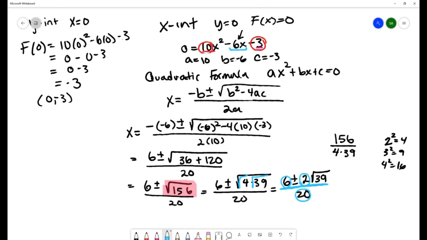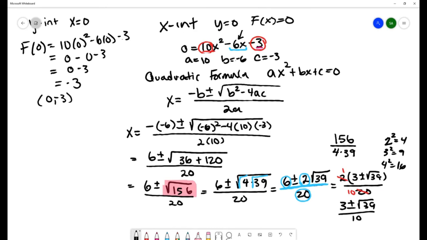So I know that I have an even factor in the numerator and an even factor in the denominator. So I could factor out 2. That would leave me with 3 plus or minus square root of 39 over 20. And I can then cancel out a factor of 2, which would leave me with 3 plus or minus square root of 39 over 10.